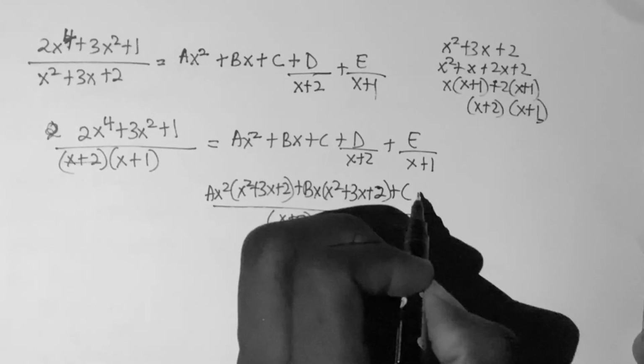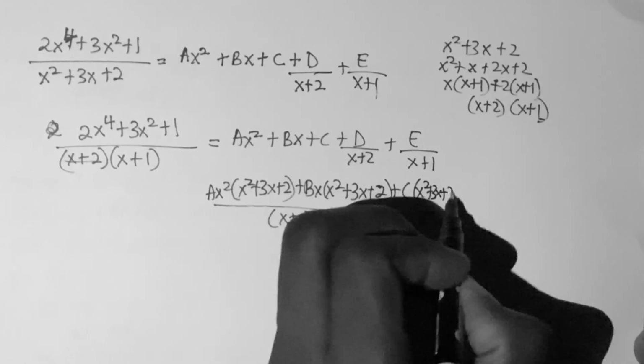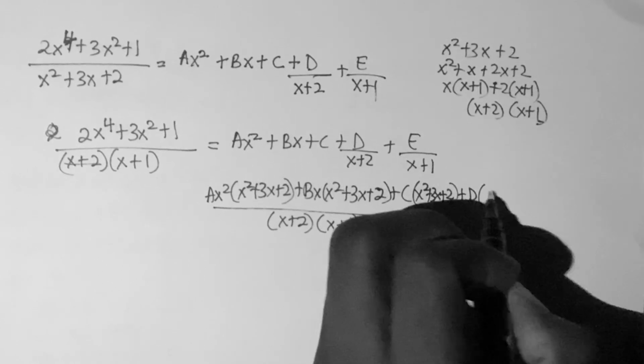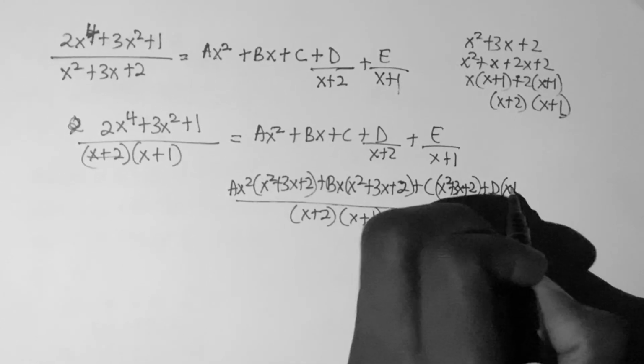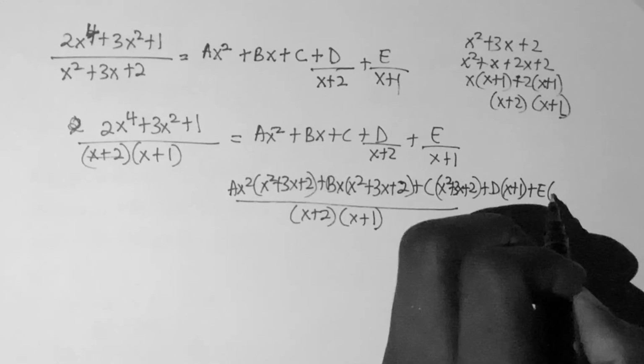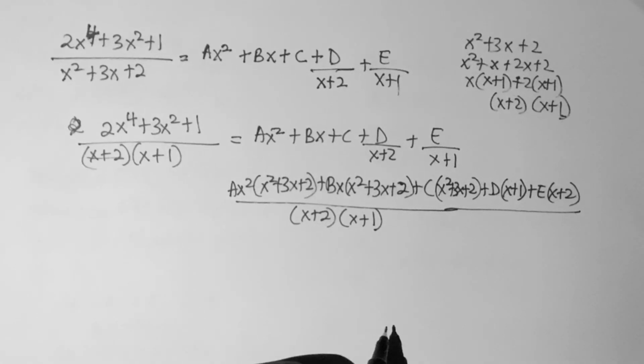Then plus c, I also multiply the same thing, x squared plus 3x plus 2. Then plus d will multiply x plus 1. Then plus e will multiply x plus 2. So let me extend this there.